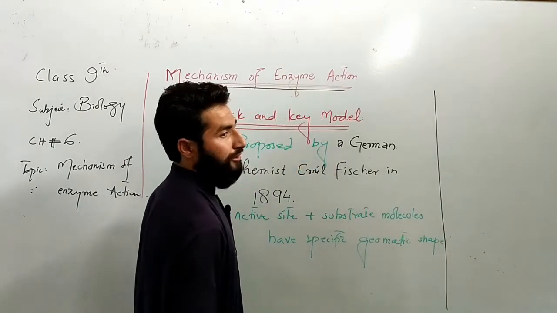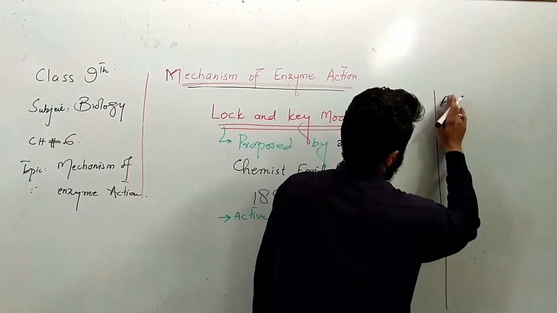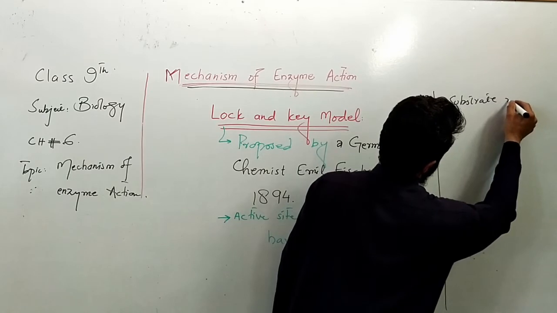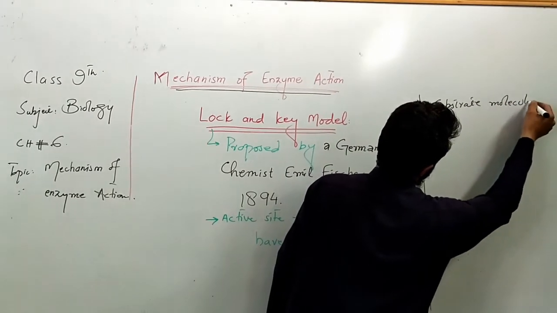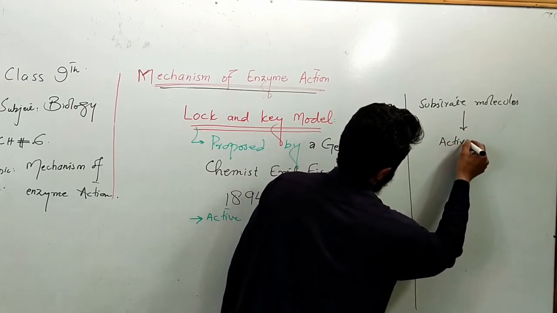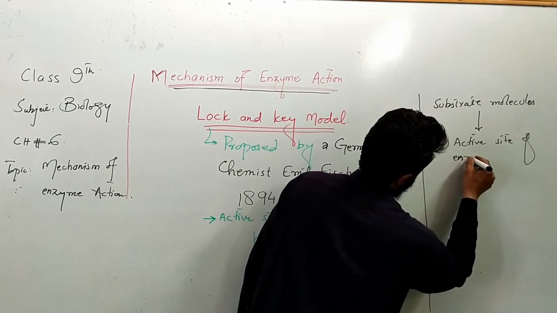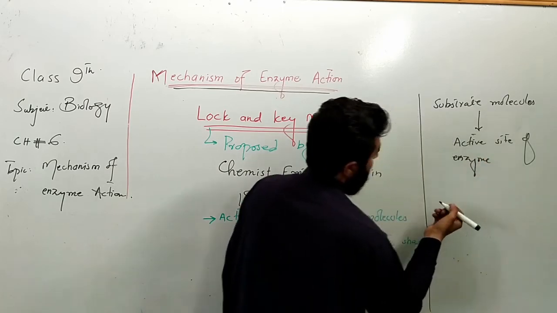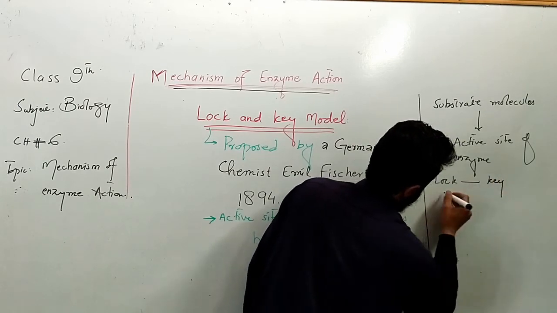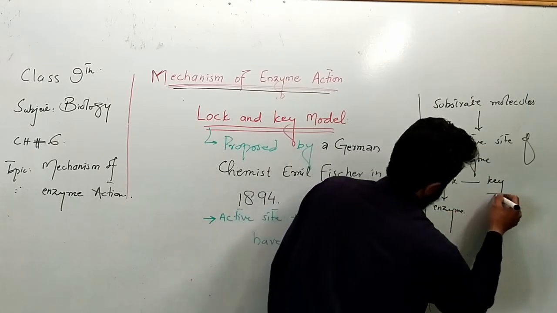According to this model, the substrate molecule exactly fits in the active site of the enzyme, just like a lock and key, in which the enzyme molecule is the lock while the substrate is the key.